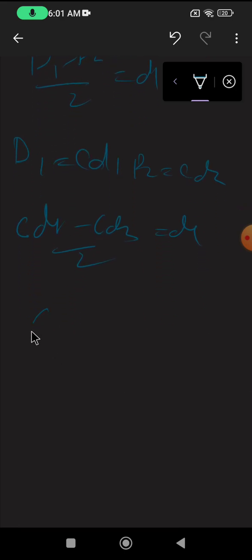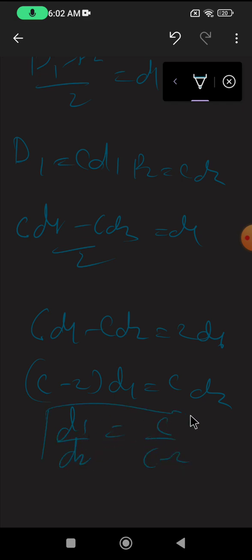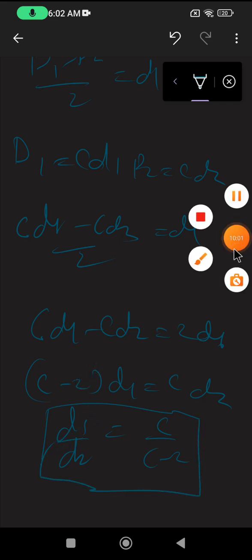So C is common, we will have C d1 minus C d2 is equal to 2 d1. If we take d1 this side, we will have C minus 2 d1 is equal to C d2. So we will have d1 upon d2 is equal to C upon C minus 2.